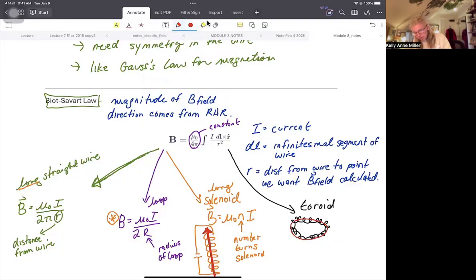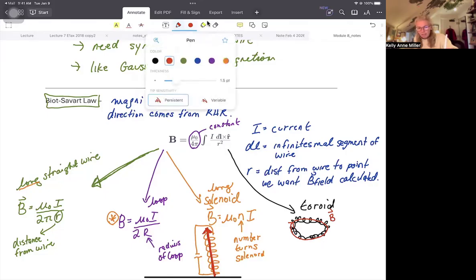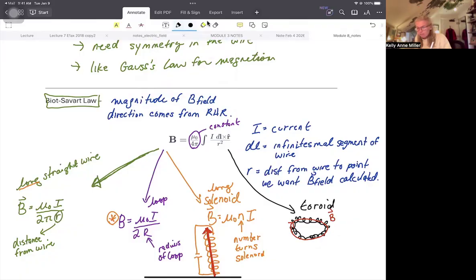It's trapped inside the toroid. We'll talk about this more in the second video, but just so you see all the possibilities of the geometries, the B field of a toroid, if you were to do this integral, which I would never want to do, you would get this. Again, this is the number of loops.